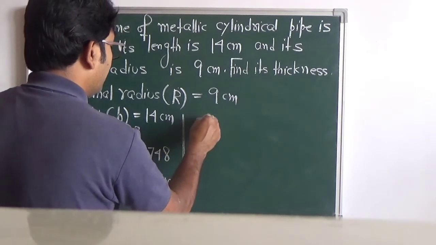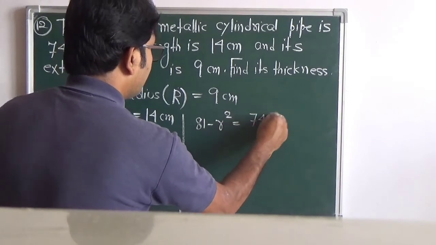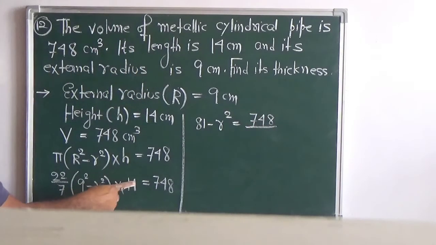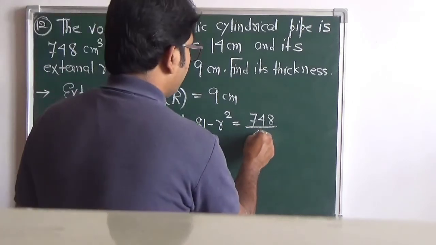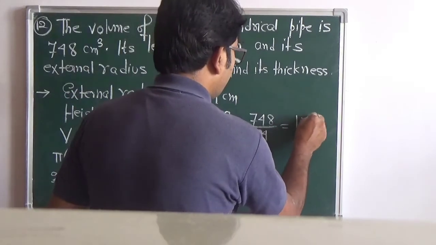So 81 minus r square is equals to 748 divided by 44. Will it be divisible? 748 divided by 44 is coming to how much? 17. Yes, this is coming to 17.